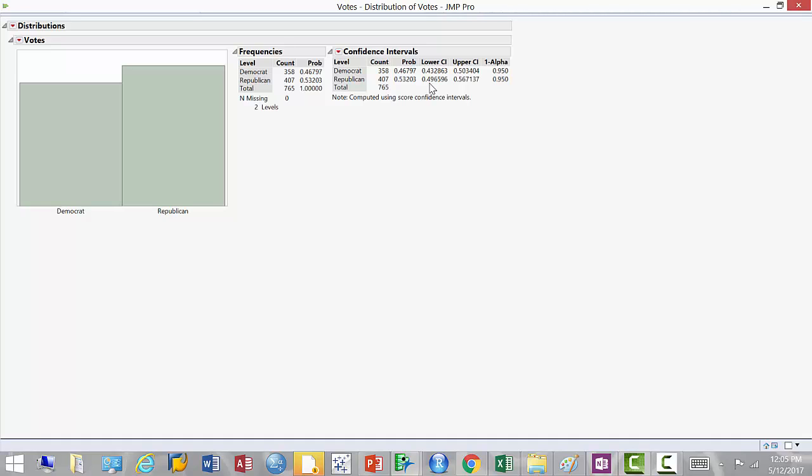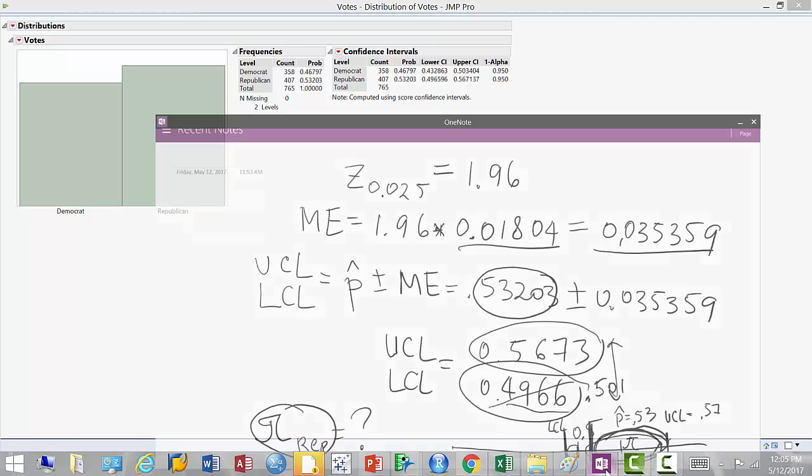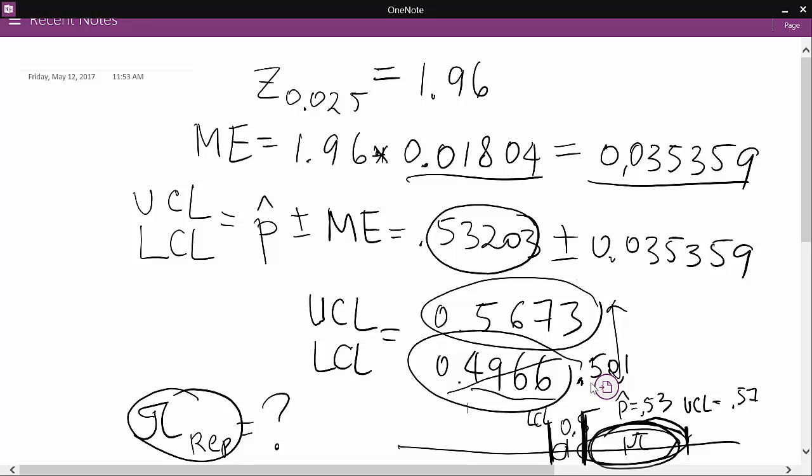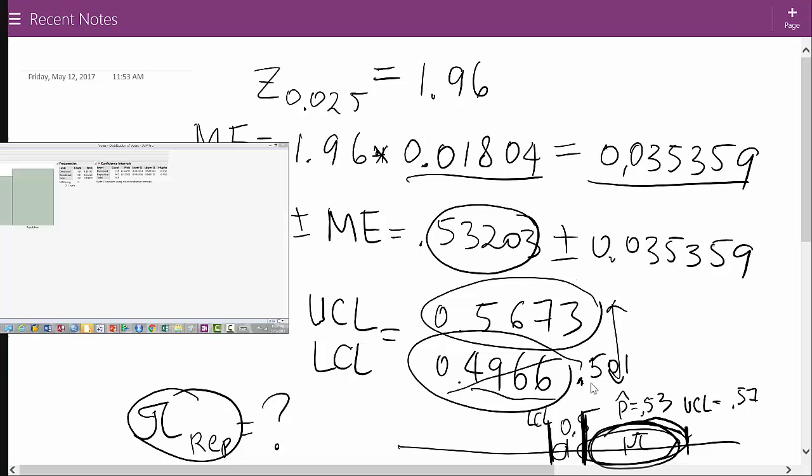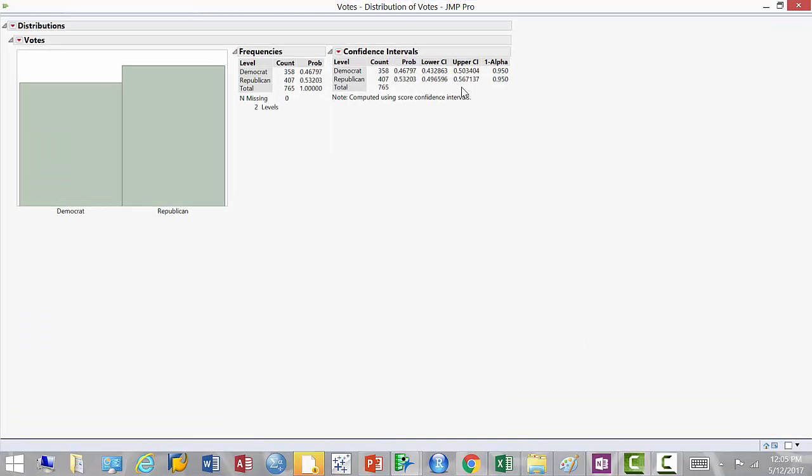So here it says 0.49659. That's your 4966, right? And upper was 0.5, oh gosh, 673? Yep, 5673. And here's your 0.5671. So the difference is in the 4th decimal.